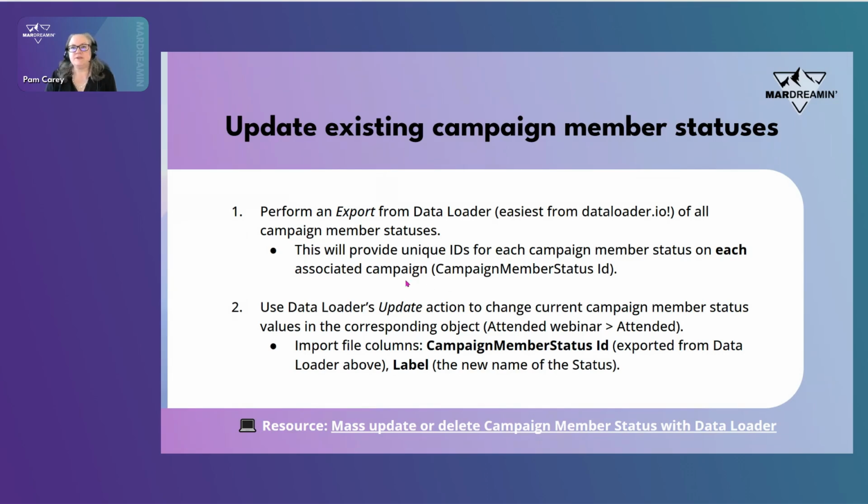The campaign member status ID is not the same across the board for the same single status, but it's unique to that status on each campaign. So you could have "attended" on 5 different campaigns and they're going to have a unique ID for each. Keep in mind the gotcha items that we discussed earlier too.